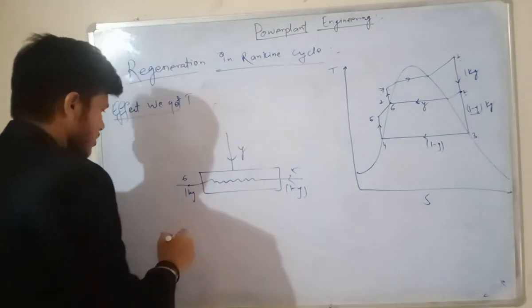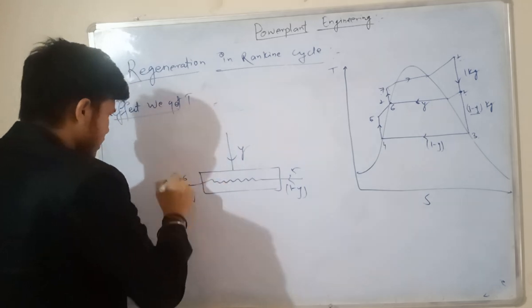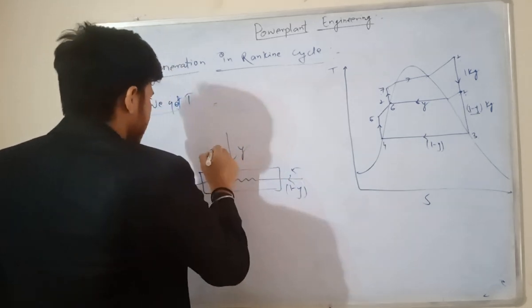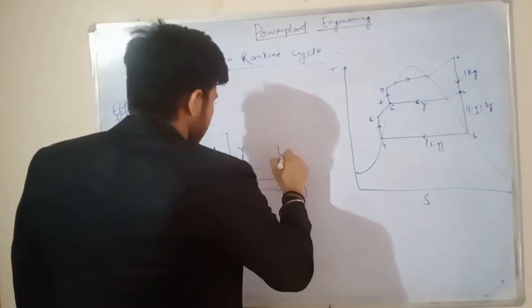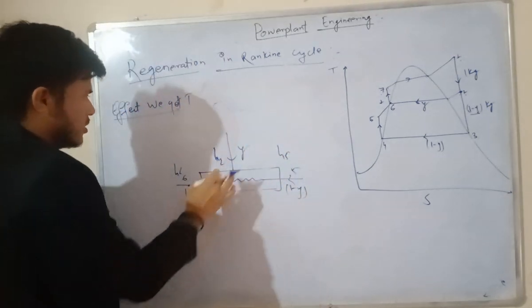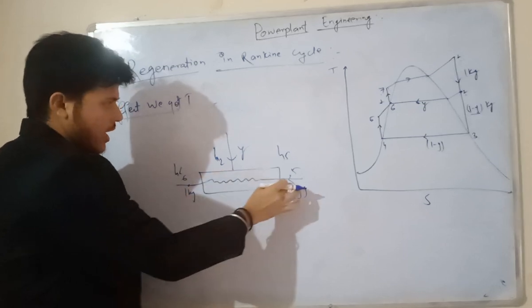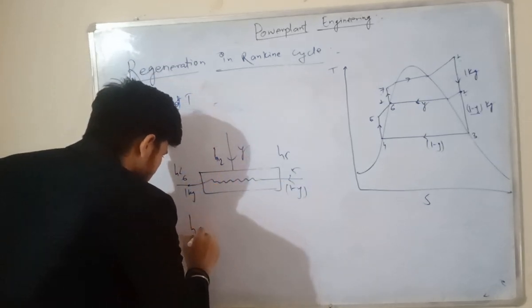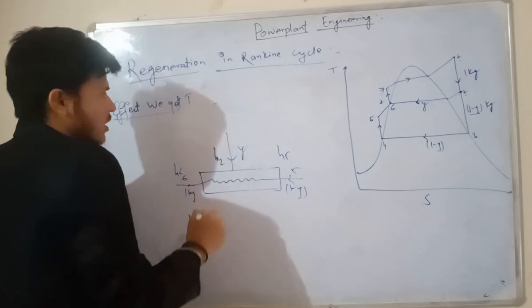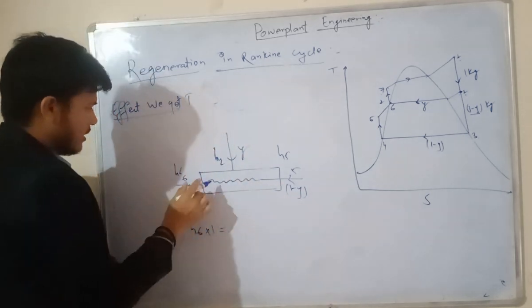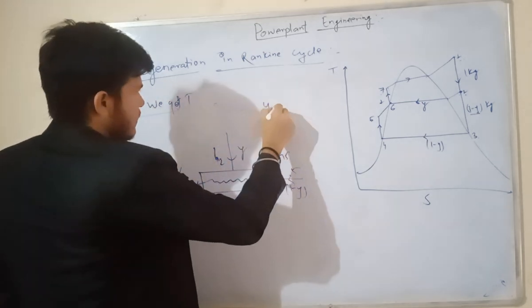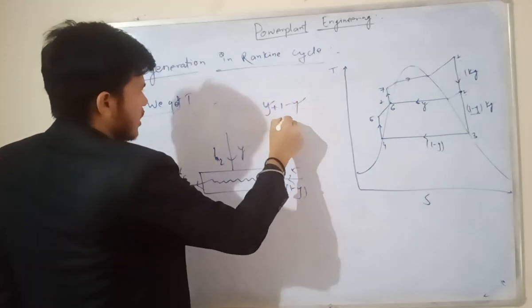At the balance condition, this is H6, this is H2, this is enthalpy. H means enthalpy, right? This is H2, this is H5. At this balance condition, y fraction of steam is entering and 1 minus y is entering here. So at exit we are getting 1 kg, since y plus 1 minus y entering means we get 1 kg.